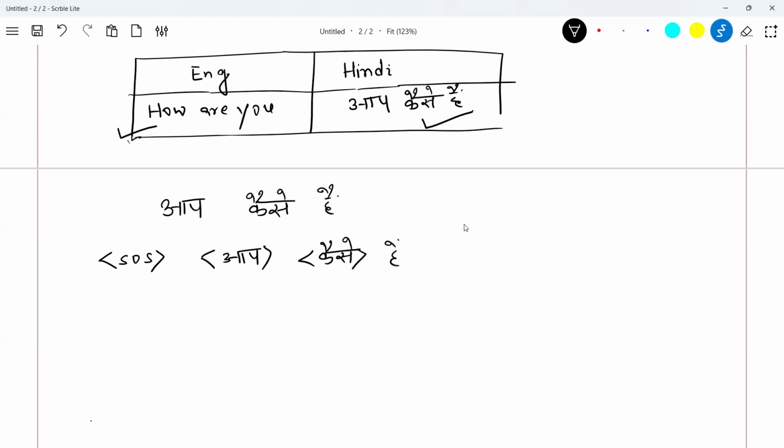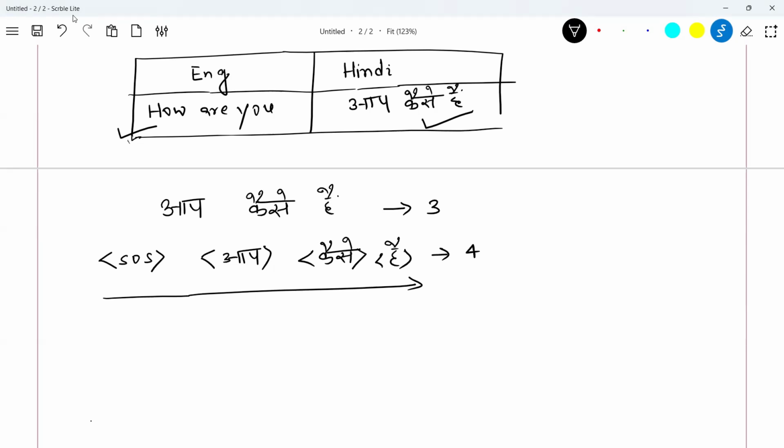So basically what is happening here is your output is shifting right, because SOS is one more token added, right? So actually here there are 3 tokens only, but the decoder will work on 4 tokens.